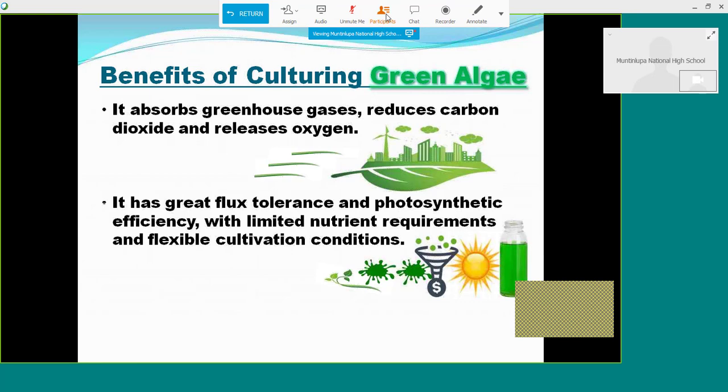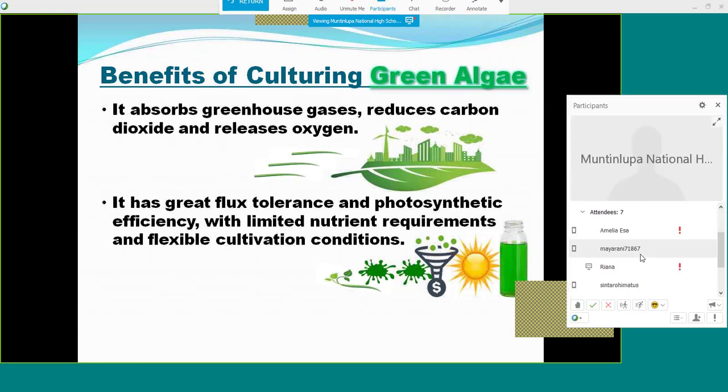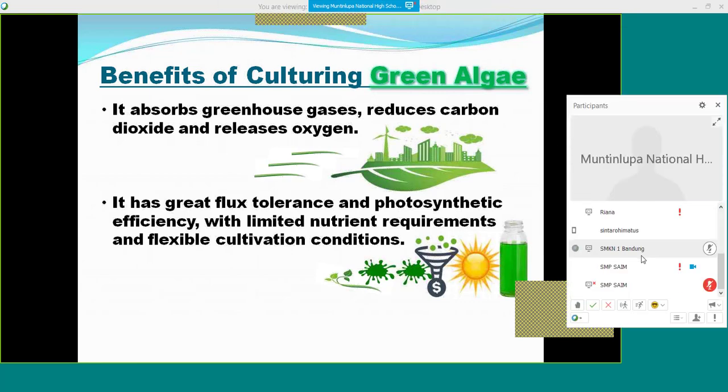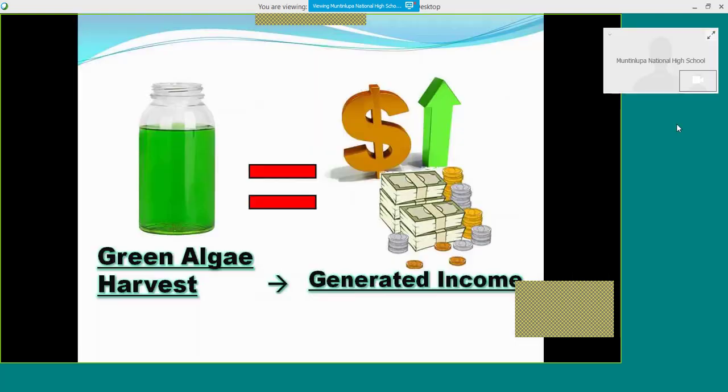It has a great flux tolerance and photosynthetic efficiency with limited nutrient requirements and flexible cultivation conditions. That means when you have a green algae harvest, you can generate lots of income, and it is limitless depending on the size of the photobioreactor that you will design.